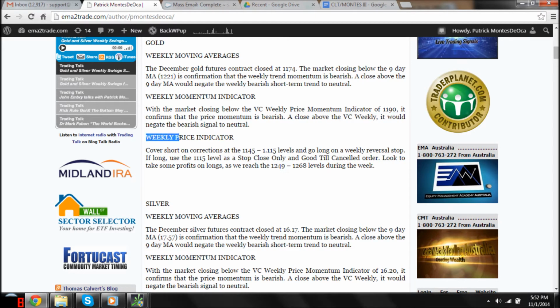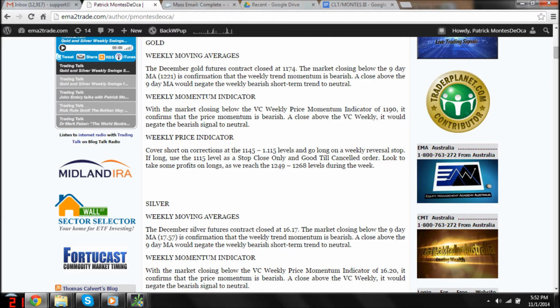The weekly price indicator, basically that is the price indicator for us, is telling us to cover short on corrections at the 1145 to 1115 levels and to go long on a weekly reversal stop.